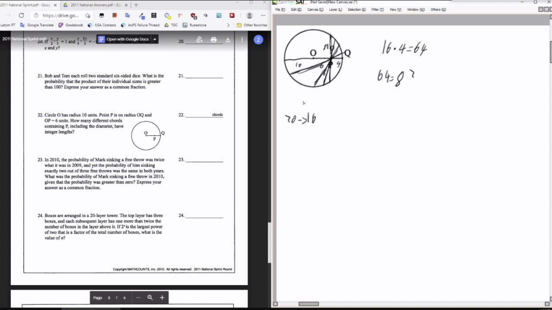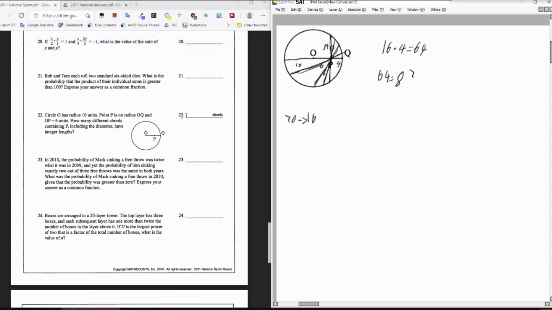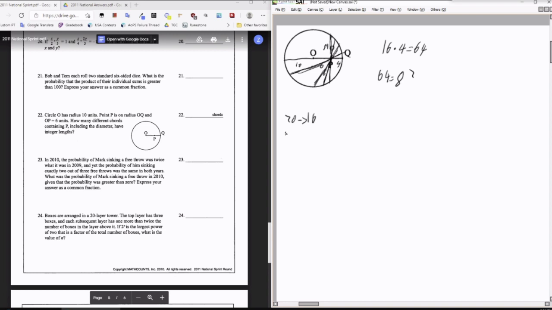So the chords that are integer length will be 20, 19, 18, 17, and 16.